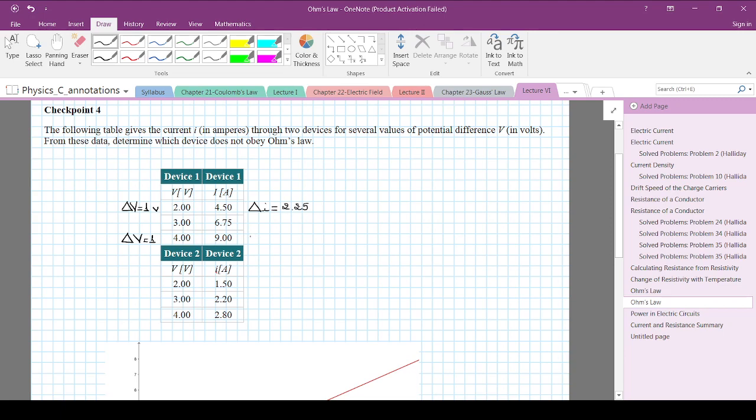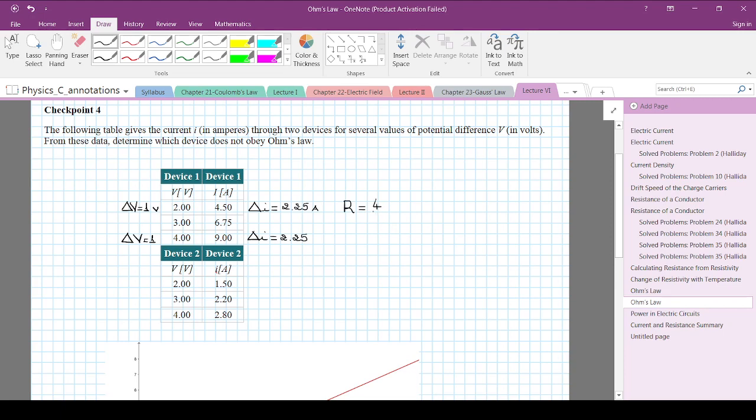For the next two values, again, we have the same amperes. And if you calculate this ratio here, you're going to see that this is going to be exactly the same.